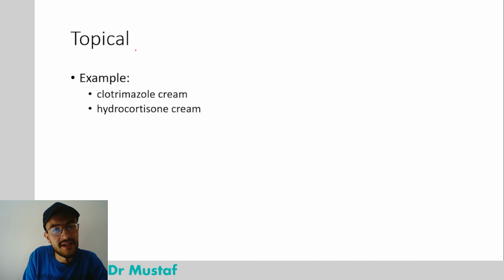Examples for the topical route are clotrimazole cream, which is used as an antifungal for fungal infections on the skin, and hydrocortisone cream, which is a steroid used to reduce inflammation and treat some types of skin disorders.